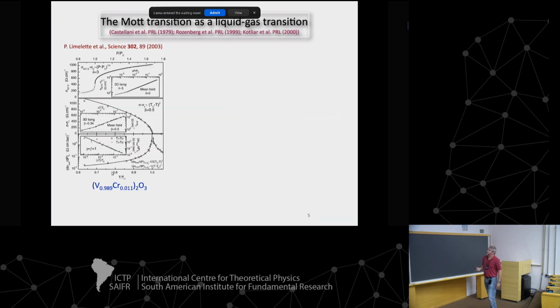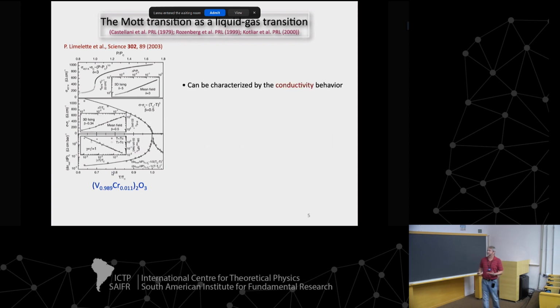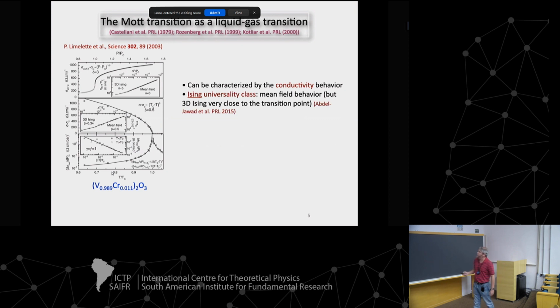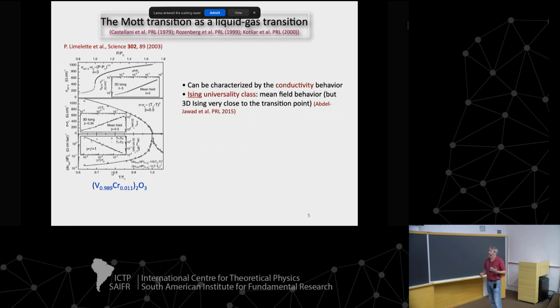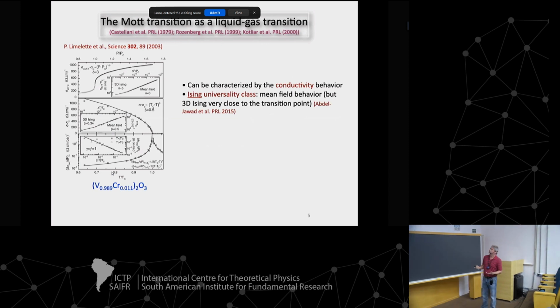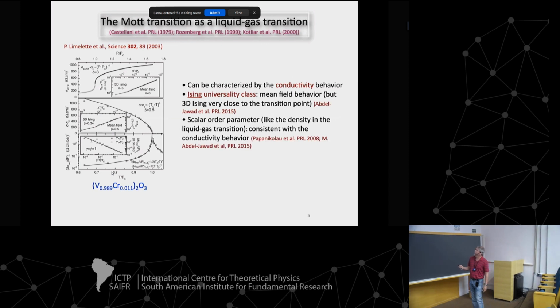And so, of course, over the years, this transition has been studied, and as expected, it has a character that is very similar to the liquid-gas transition. If you look at the conductivity behavior, you see close to the critical point some critical exponents that can be measured, and they look very much like the critical exponents of the liquid-gas transition, which is in the Ising universality class.